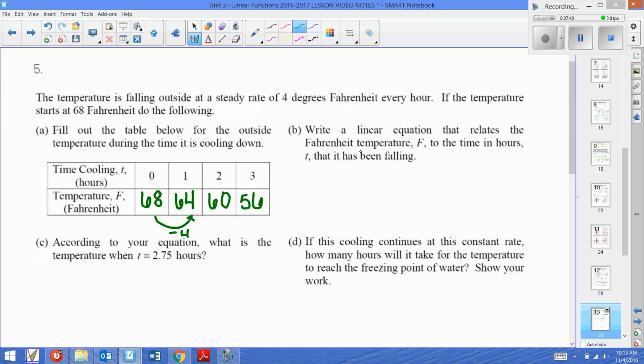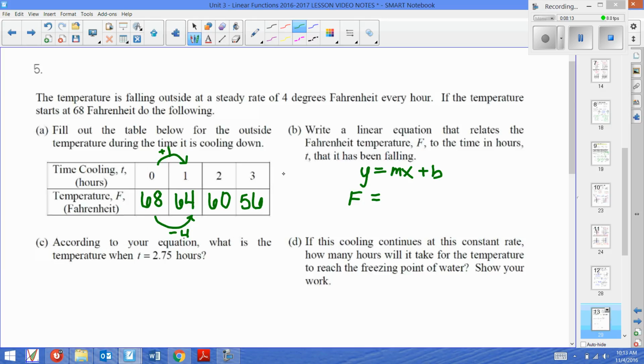Then B is saying write a linear equation that models this situation. All right, well, it's a linear equation, so right away, y equals, you got it, mx plus b. My y here is f. My slope is down for every 1 hour.